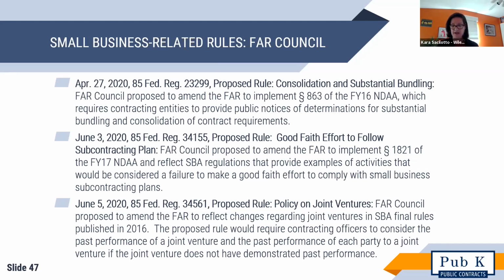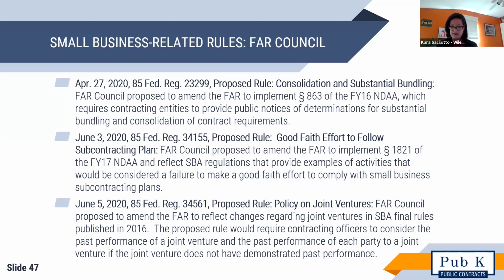Among other things, examples of a good faith effort include conducting market research to identify small business subcontractors and participating in mentor-protege programs. Examples of a lack of good faith include, among other things, failure to designate a company official to administer the plan, failure to pay small business subcontractors on a timely basis, and failure to correct negative findings from subcontracting reviews. The proposed FAR changes are intended to align with SBA rules, which is a theme you'll see throughout here: trying to align the FAR with SBA rules, which is a perennial problem.